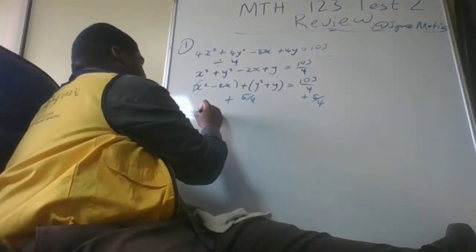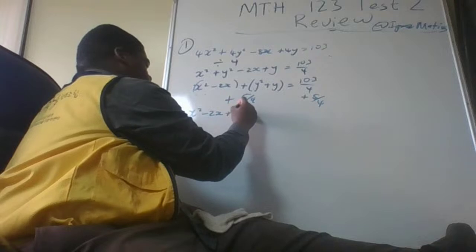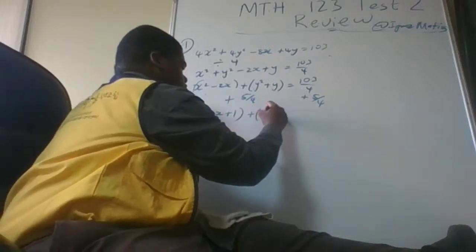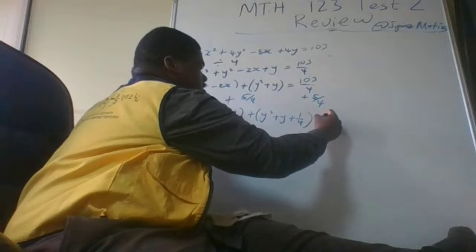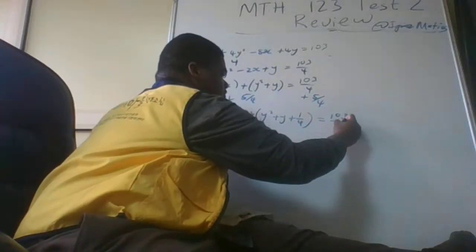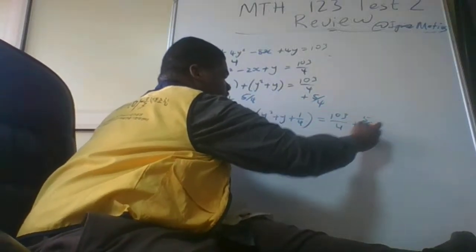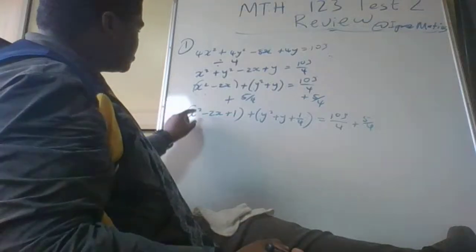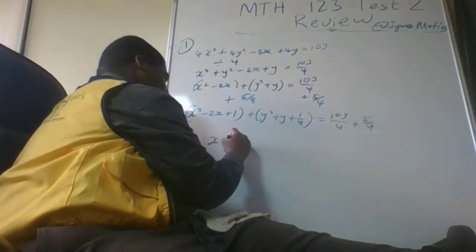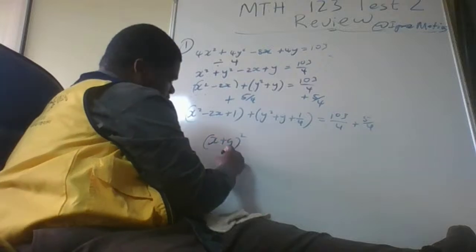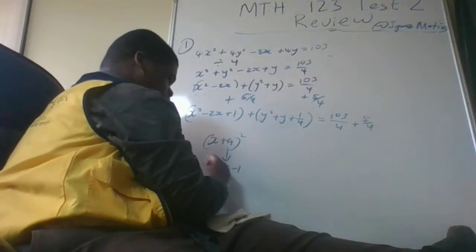Okay, so here we have x squared minus 2x plus 1 plus y squared plus y plus 1 over 4 is equal to 103 over 4 plus 5 over 4. X squared minus 2x plus 1. Remember, we had x plus a all squared. Our a for x is equal to minus 1.